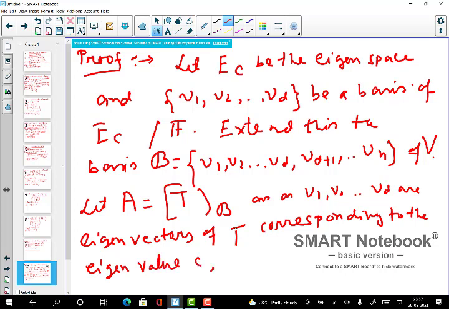If you write down this matrix in terms of this basis v1, v2, ..., vn, then the first d columns will be diagonal, because these are eigenvectors. So T v1 will be c v1, T v2 will be c v2, and so on. So T of vi will be equal to c vi for i equal to 1 up to d. The rest will be anything.